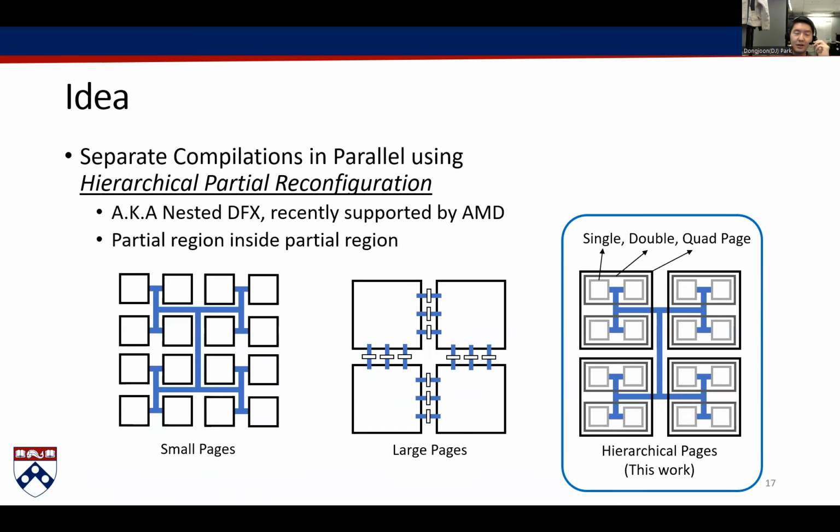So if you look at the new framework on the right, you see there are single pages, but you can recombine two single pages to offer a double page to the users. Also, you can recombine two double pages to provide a quad page to the users. And also octa pages or 16 pages are also possible.